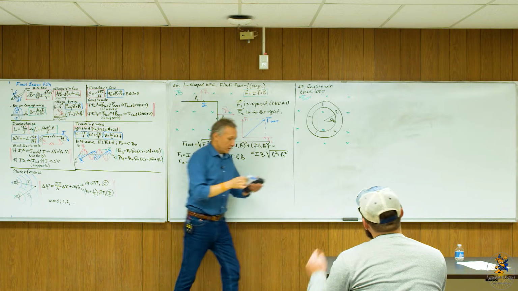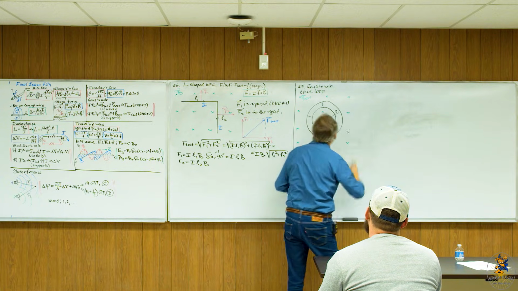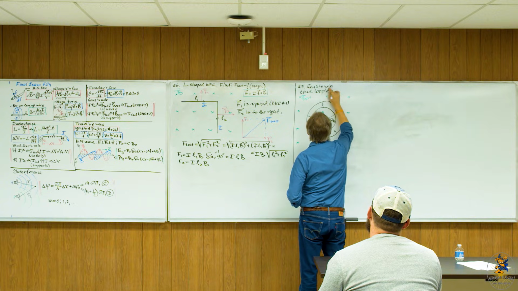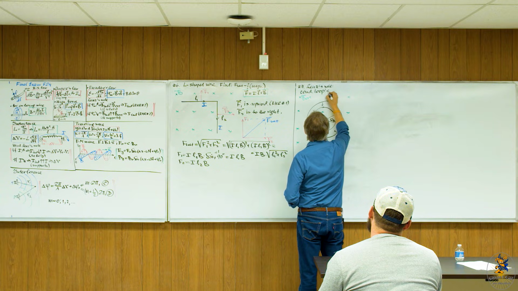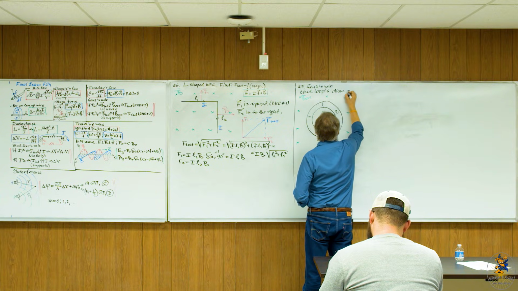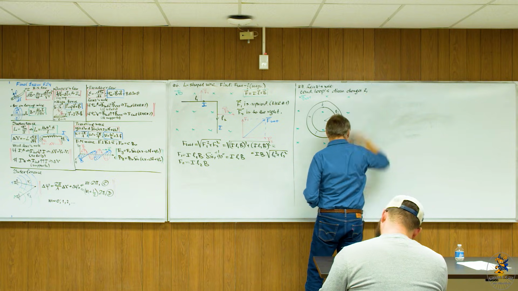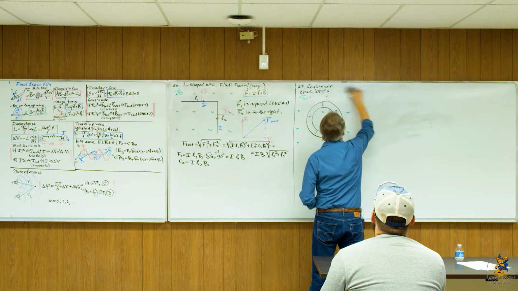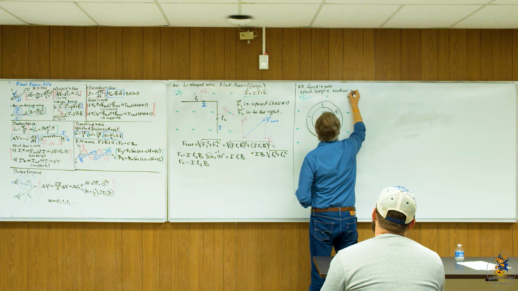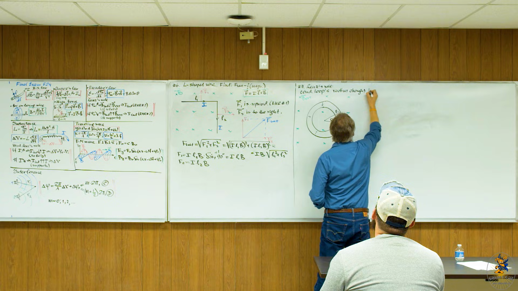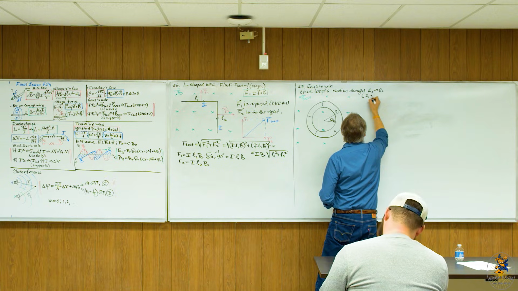So the conducting loop's radius changes, from R1 to R2, and of course, R1 is larger than R2.